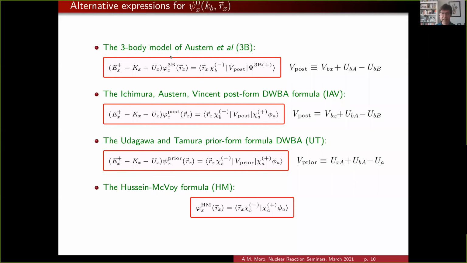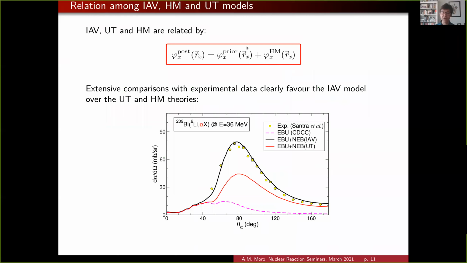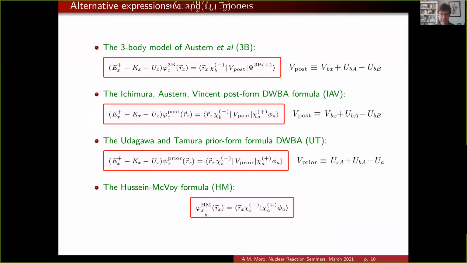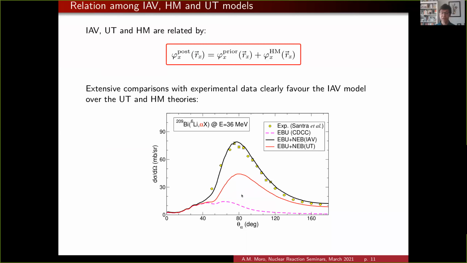And actually, there is a relation between the channel functions of these three models. This is an interesting relation, and you see the different contributions of these three. So this is for a lithium-6 alpha reaction, which means we detect the alpha particle, and we don't know what happened to the deuterium. Maybe it broke up or was absorbed, or we don't care.